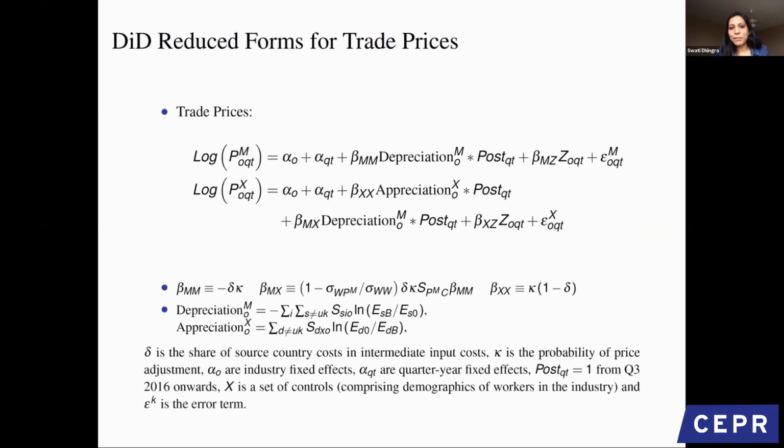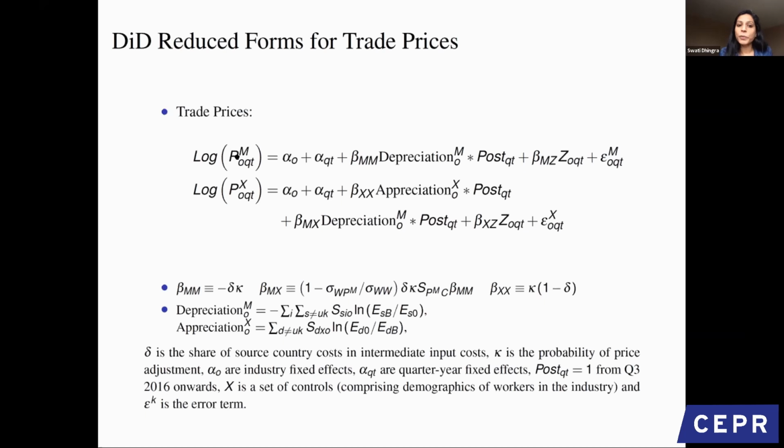So from that model, we can basically operationalize these two equations, which is the reduced form for trade prices. And the way we're going to implement them is a diff-in-diff reduced form for trade prices, which on the left-hand side has the log of the import price index. So this is how expensive are my car components if I'm in the car industry.